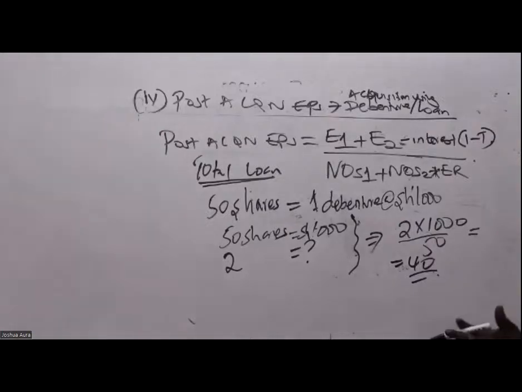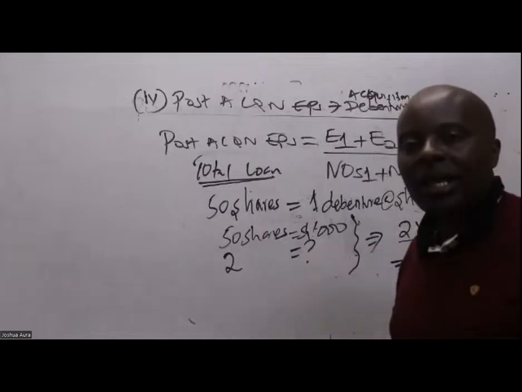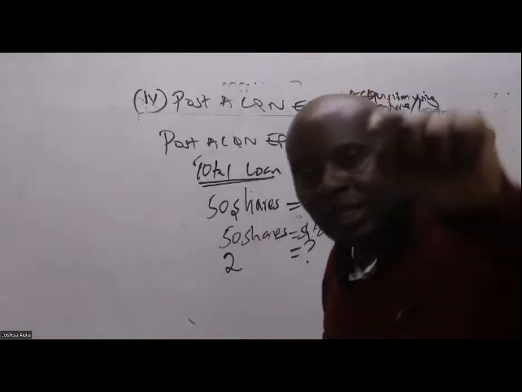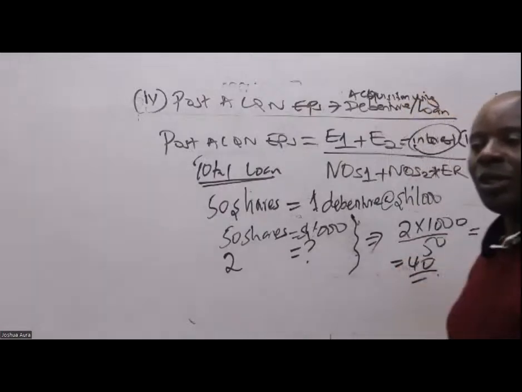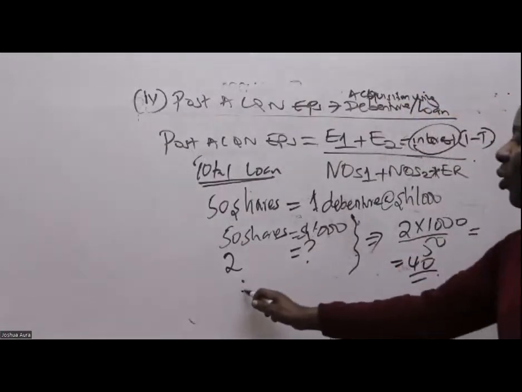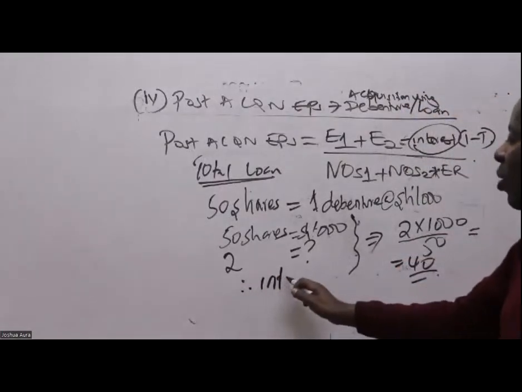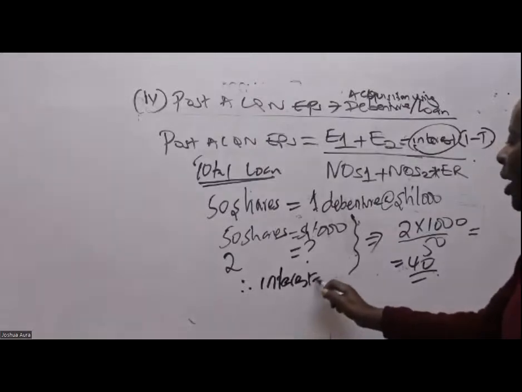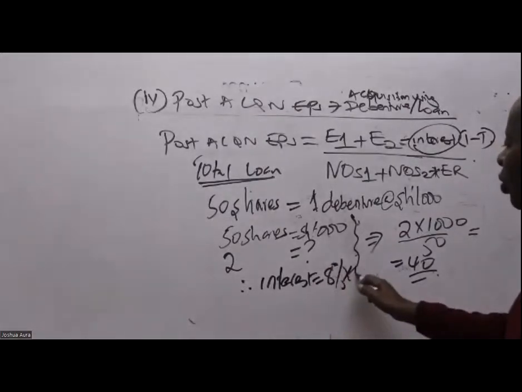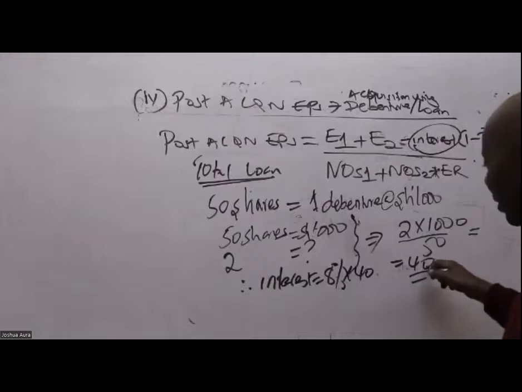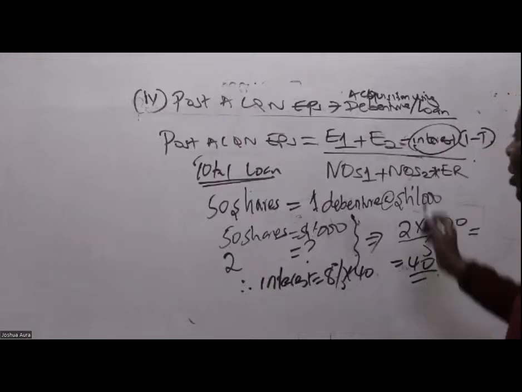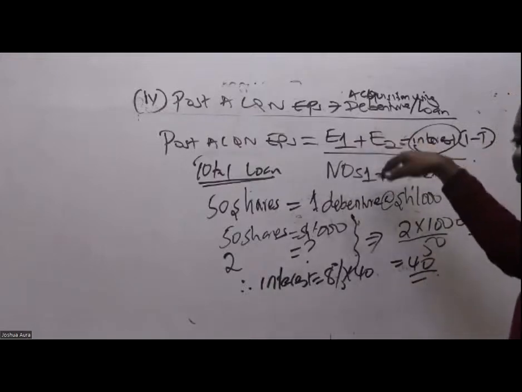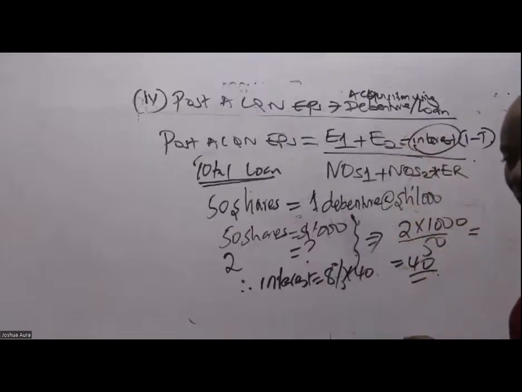What I am after is the interest. Have they told me in that question what the coupon rate of interest is? Therefore, interest payable will be 8% of the total loan. I know the loan is 40 million, but all these figures don't have millions, they're minus those zeros.